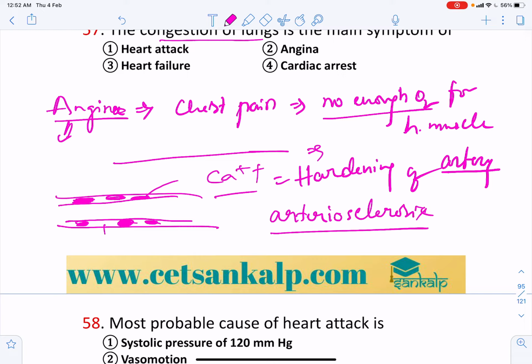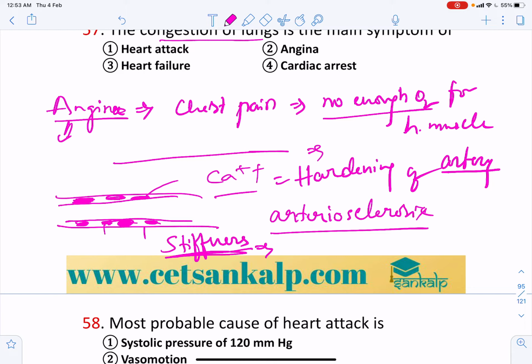Sclerosis means softening of tissue, sorry, not softening, that is stiffening. The thickness increases. It gets deposited by these things, and stiffness. They can't expand or show elasticity. When the blood pressure increases, they can't undergo changes. So these are the things you have to keep in mind.